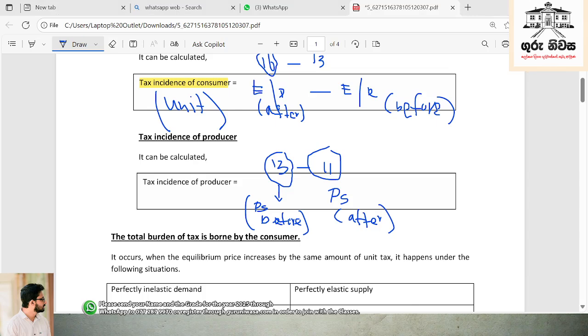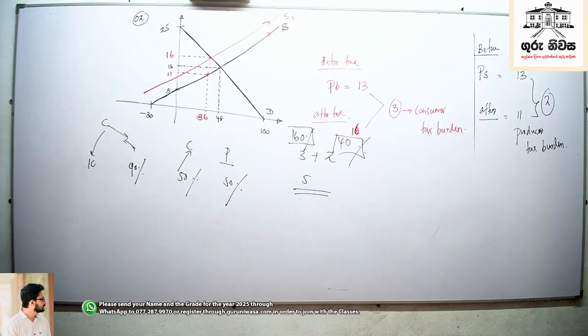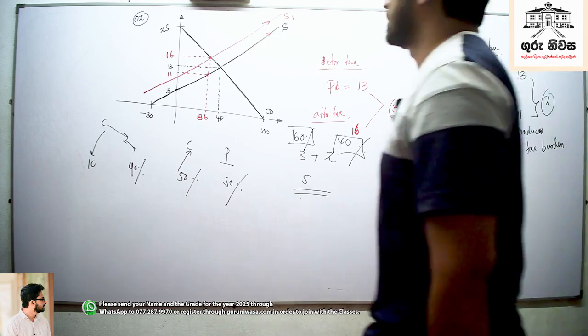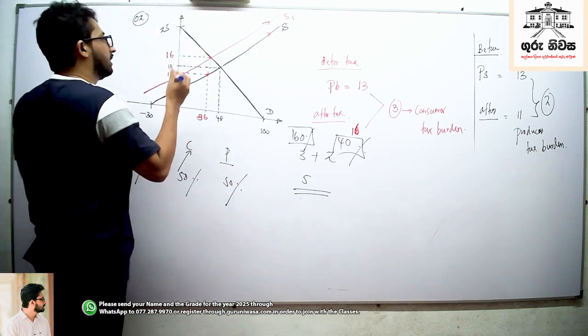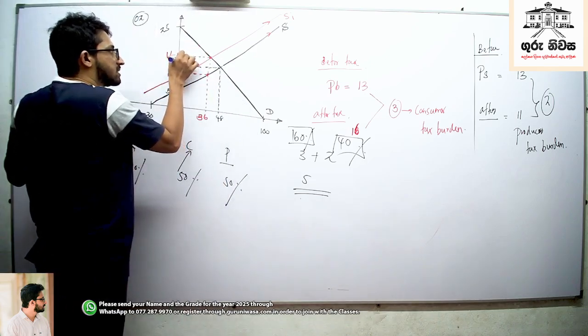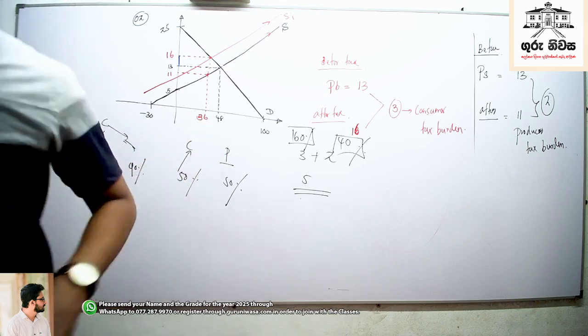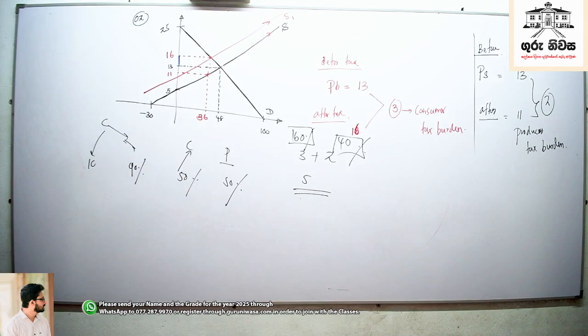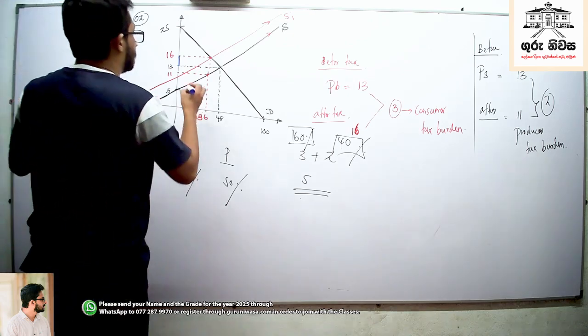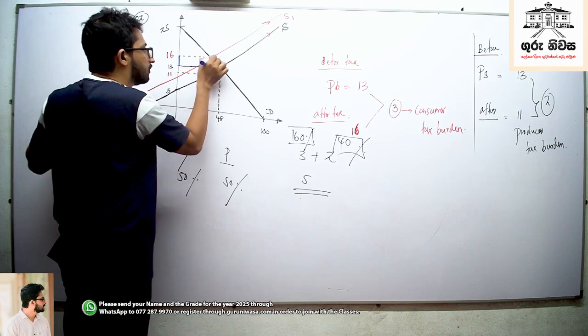Then can you shade the area of producer tax burden and consumer tax burden on the graph? That's the important part. The total tax burden of the consumer is shown by this rectangle, because 16 minus 13 is this distance. To calculate the total tax burden, you multiply this per unit tax burden by the new equilibrium quantity. This is the total tax burden of consumer.